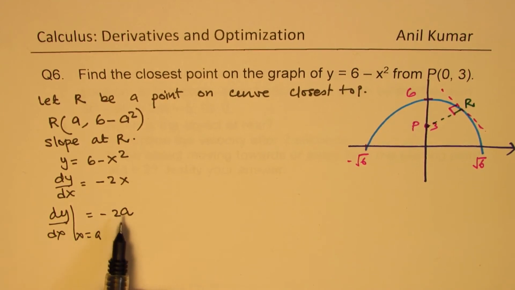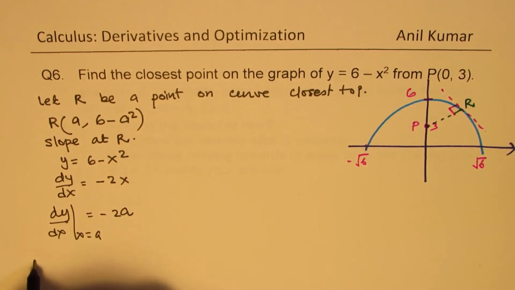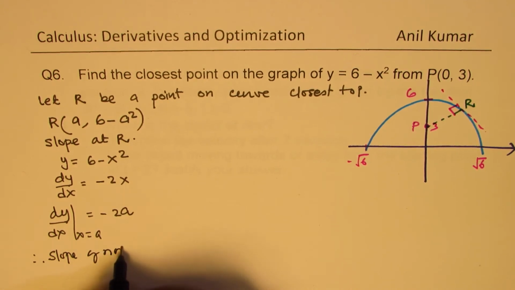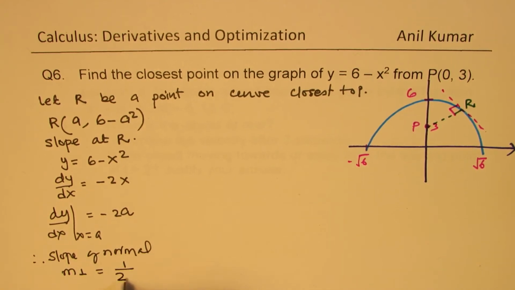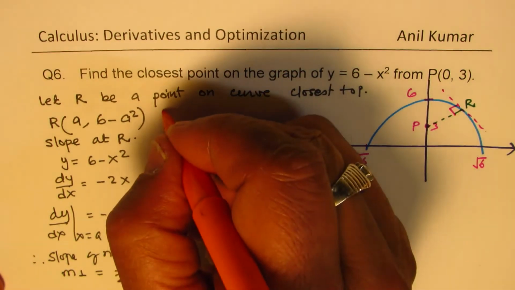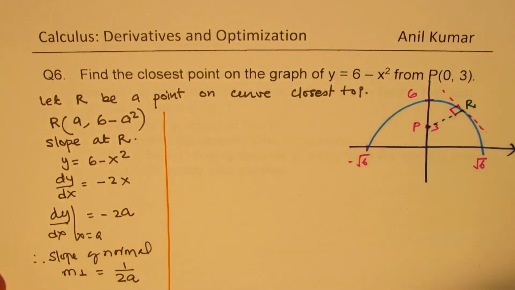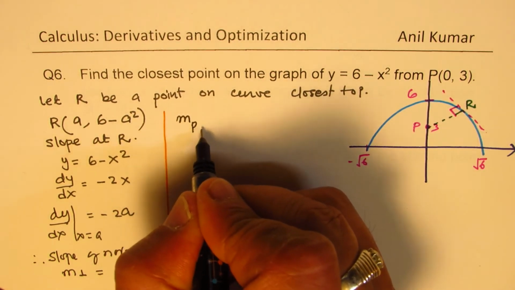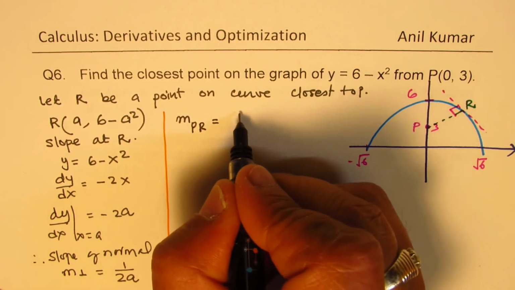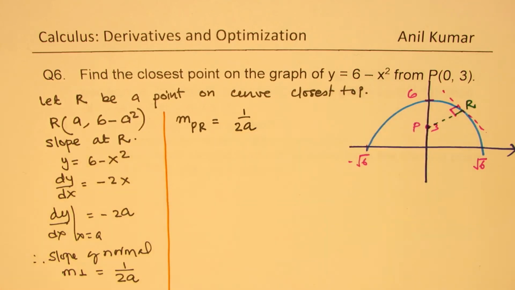This is the slope of the tangent. Therefore, the slope of the normal, let's call this m perpendicular, will be the negative reciprocal, 1 over 2a, correct? So the slope from P to R is basically equal to 1 over 2a, right?